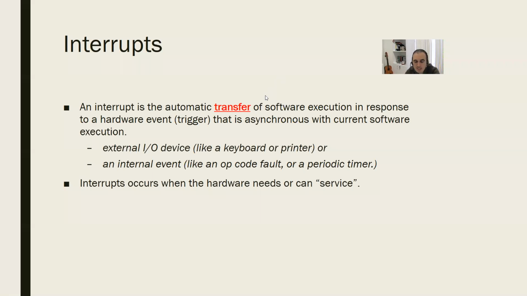And interrupt is actually an automatic transfer of software execution in response to a hardware event, a hardware trigger. By hardware event or hardware trigger, what we mean is an event outside of the microprocessor. So I'm not talking about an event that happens in your code. Imagine you're doing something sequentially, line 1, line 2, line 3, LDR, and so on.